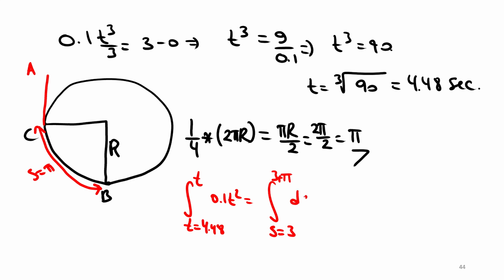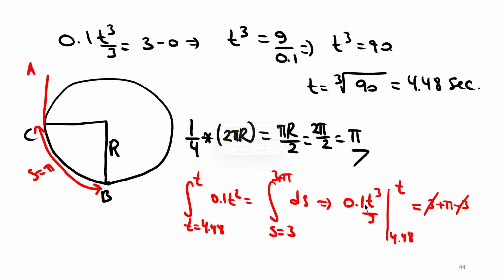Then it follows that 0.1 t to the power of 3 divided by 3, from 4.48 to t, will be equal to 3 plus pi minus 3, which is just pi. Let's do the calculation.